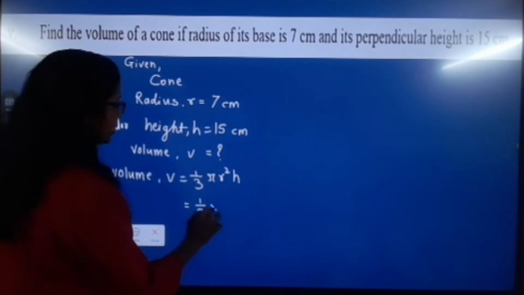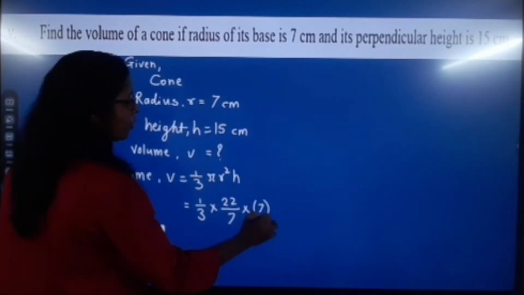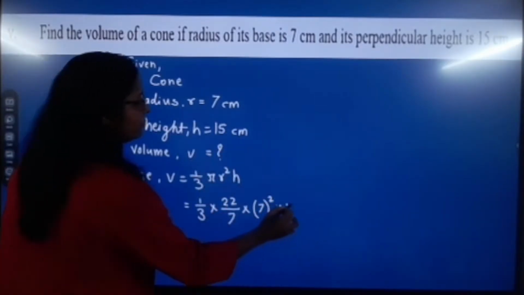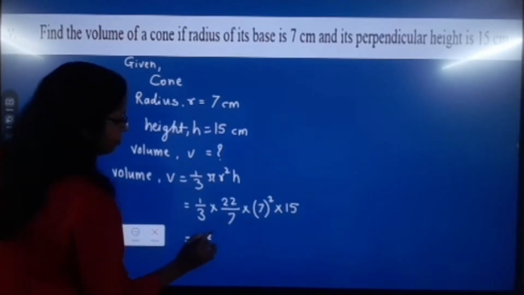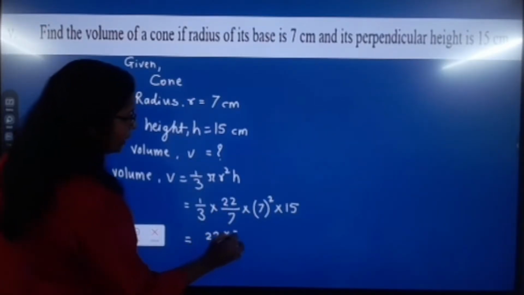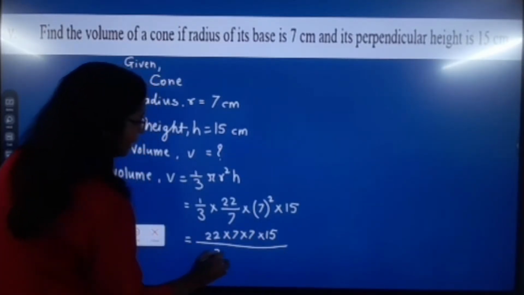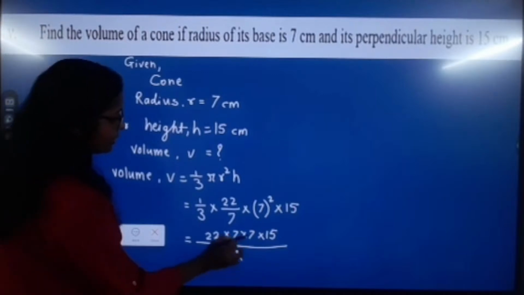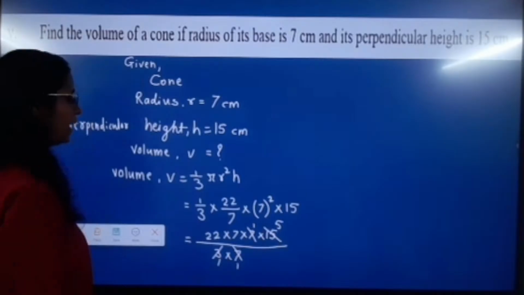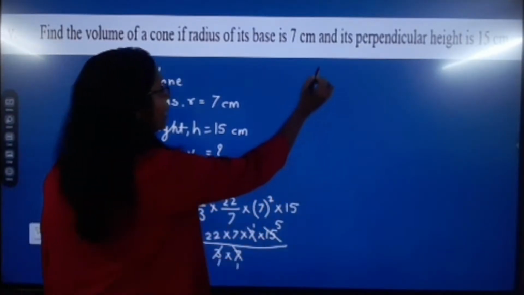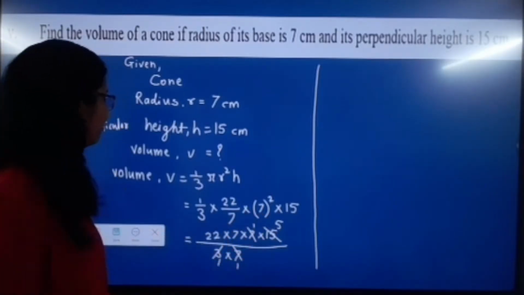So here substitution, pi will be 22 upon 7, r will be, that is radius, square of 7, and multiply height, that will be 15. So here numerator place, write down the numbers: 22 multiply 7 multiply 7 multiply 15, then divided by 3 multiply 7. So here students, 7 gets cancelled out, so 3 ones are 3, and here 3 fives are 15. So the remaining numbers are 22 multiply 7 multiply 5.